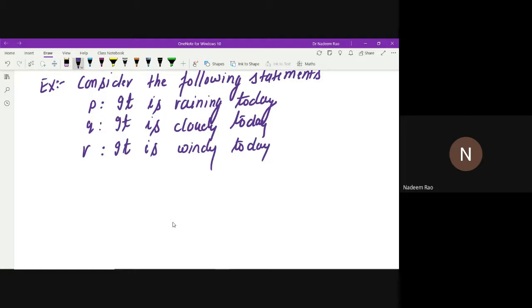So what is the question? Write the following statements in symbolic form.